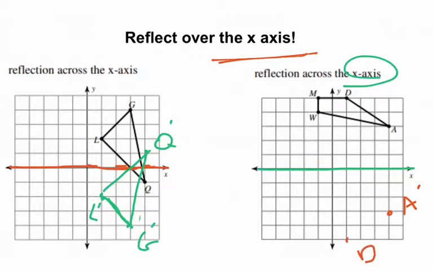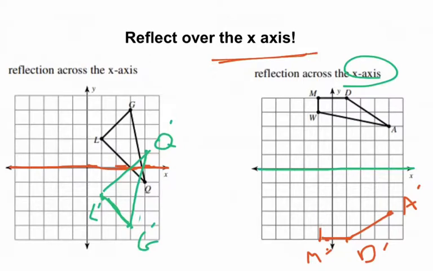And I'm going to connect A to D. Next I have M. M is also 5 away from our x-axis, so I'm going to move it down below, 5 away, and I'm going to connect that line. And then W is 1, 2, 3, 4 points away, so I'm going to move it 1, 2, 3, 4 points away and draw the line. And then, oops, I miscounted.